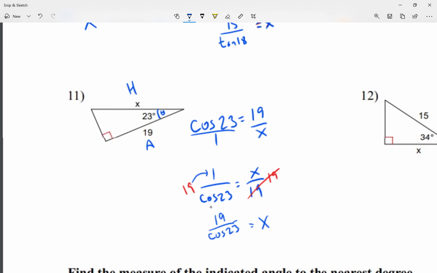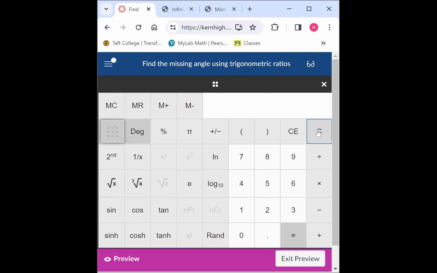All right, so it's 19 divided by cosine of 23. Let me grab my calculator. 19 divided by cosine of 23. Rounded to one decimal place, so 20.6.